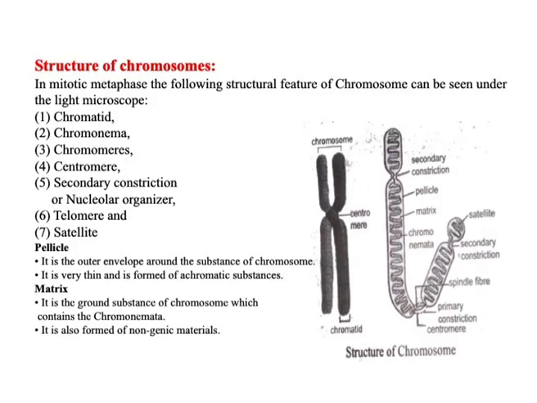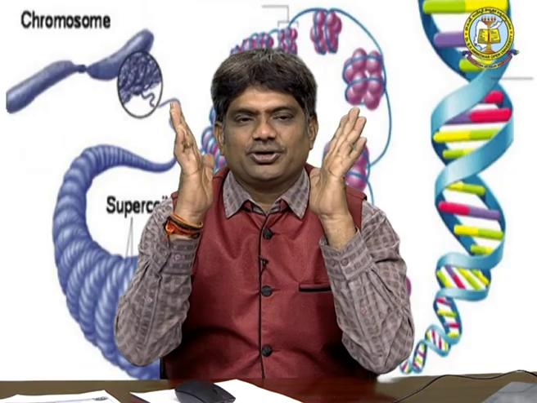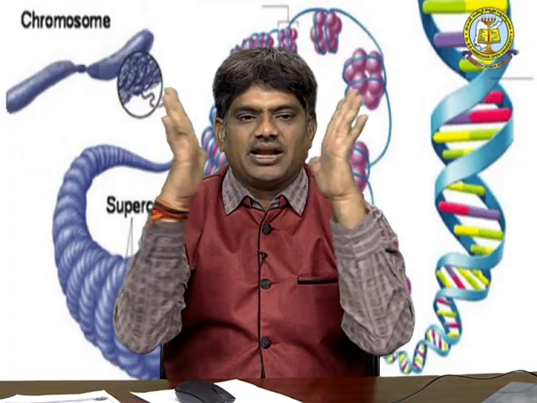Along with that, some chromosomes are enveloped with a specific outer layer, the pellicle, so that they are preserved and safe. The matrix is also present, especially at the kinetochore or centromere, which has a specific structure to join the two chromatid fibers.